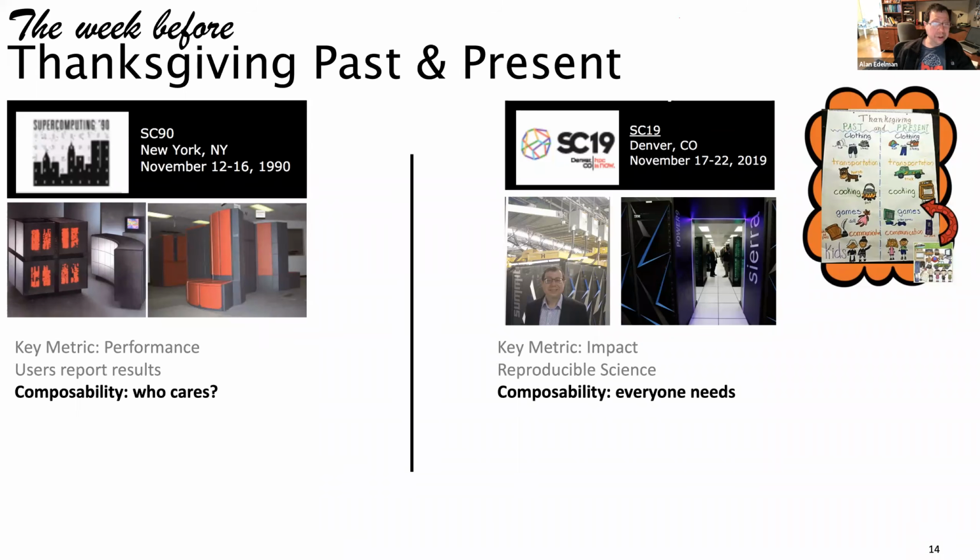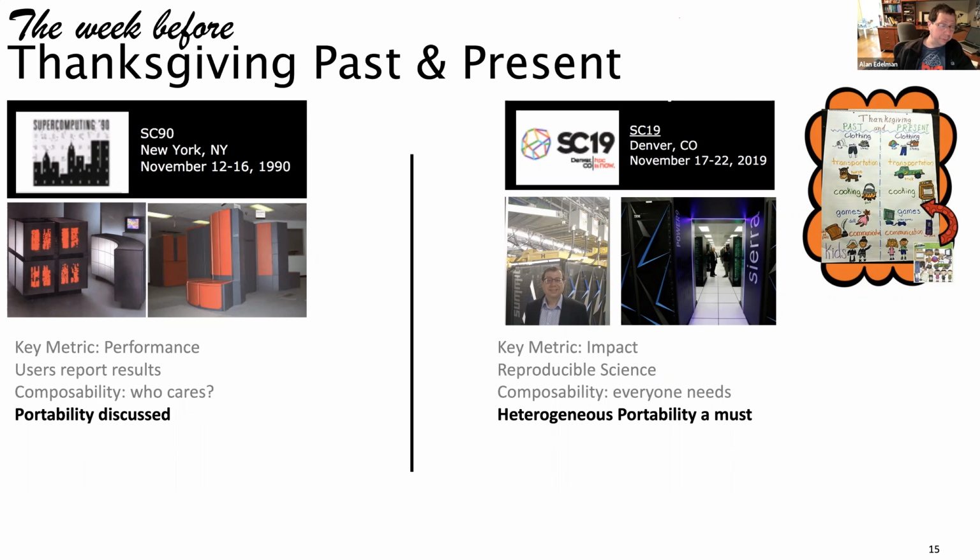Okay. In the old days, people didn't care about composability, which means that one computer program plays nicely with another computer program. It was enough to get one program working for people to be excited. Now, because the software chains are so complicated, everybody needs composability, and that's not so easy to do with high performance computing. In the old days, people talked about portability a little bit.